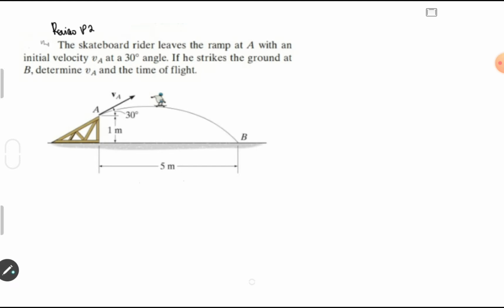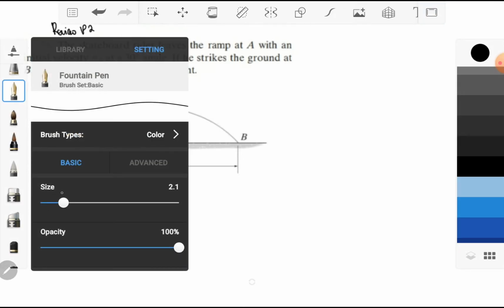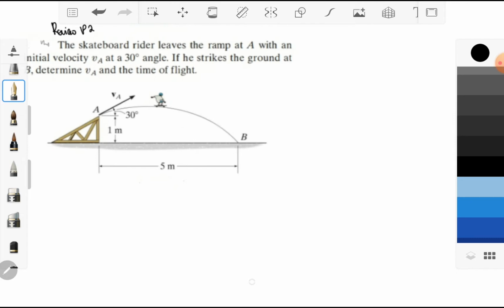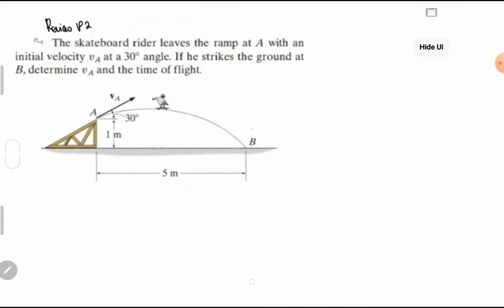So in this situation, the time of flight was also asked. Okay, so the same approach applies. Let this be our final position of your Y. So YF, this is your YI, and then this will be your XI and this will be your XF.